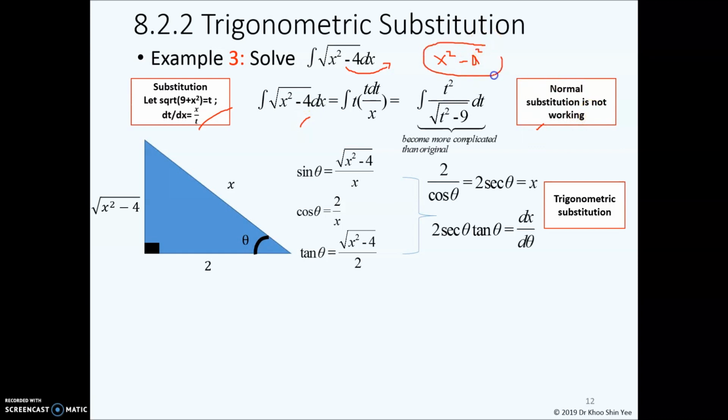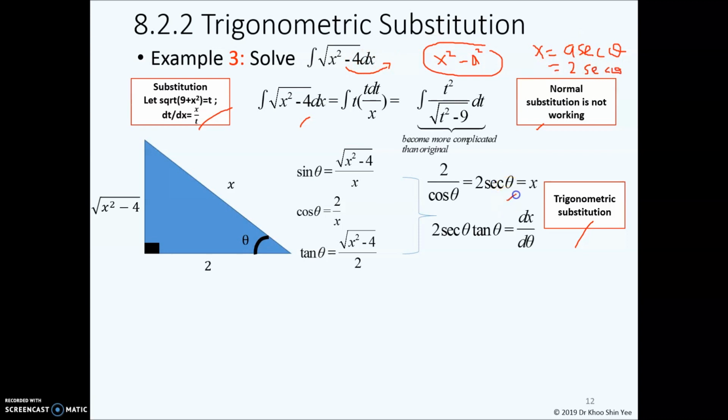If you have this relationship, you can use the trigonometric substitution where we can let x equal to a secant angle. So secant is when you have the x squared in front, you minus with a constant squared. So your a here, since your a squared is 4 here, your a will be just equal to 2.